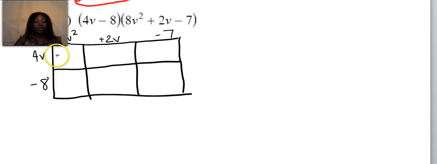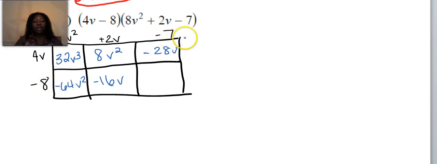Okay, 8 times 4 is 32, b times b squared is b cubed. 4 times 2 goes here, 8b squared. 4 times negative 7 is negative 28b. Negative 8 times 8 is negative 64b squared. 2 times negative 8, negative 16b. Negative 8 times negative 7 is 56.